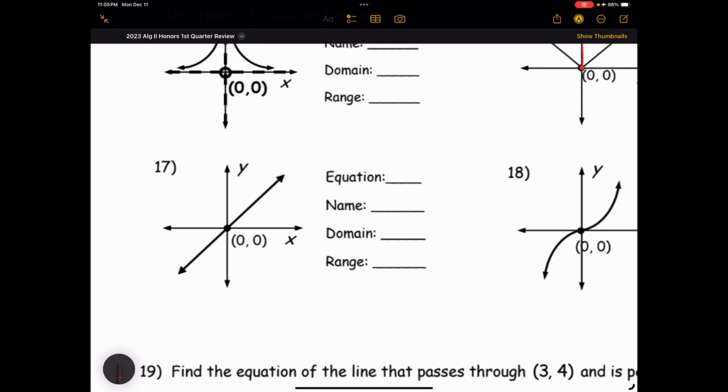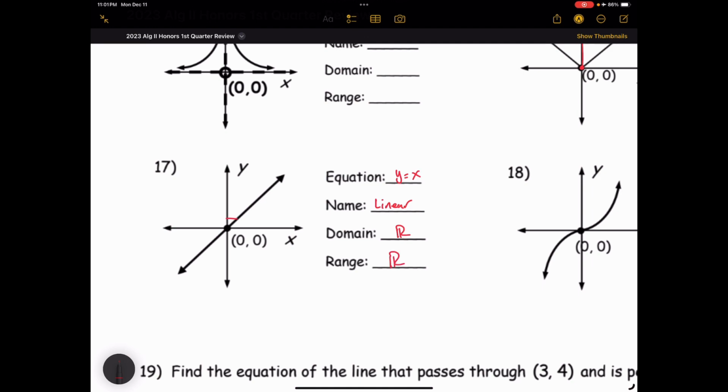Number 17. This is y equals x, which is a linear function. It's a straight line. The domain here is all real numbers, right? Because the x value goes towards negative infinity and positive infinity. The range, again, all real numbers, right?